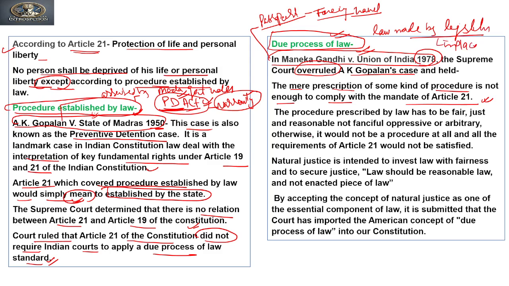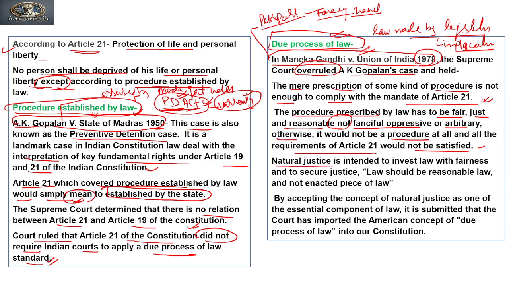Its implication also has to be seen, whether the law is just and fair, whether it qualifies the test of natural justice or not. So the procedure prescribed by law has to be fair, just and reasonable, not fanciful, oppressive or arbitrary. Otherwise it would not be a procedure at all, and the requirement of Article 21 would not be satisfied.